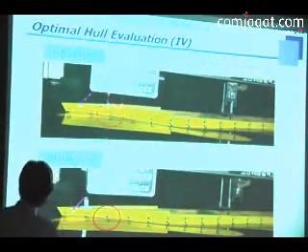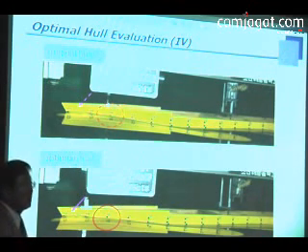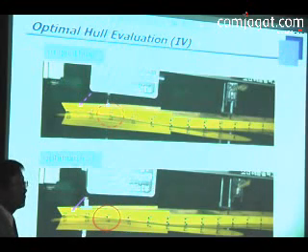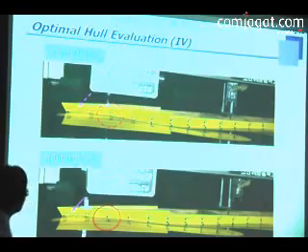You can see here, as I mentioned earlier, entrance angle was increased with the optimum design. You can see this optimum, the wave peak is high. But shoulder wave, near the shoulder, is decreased. Next page.